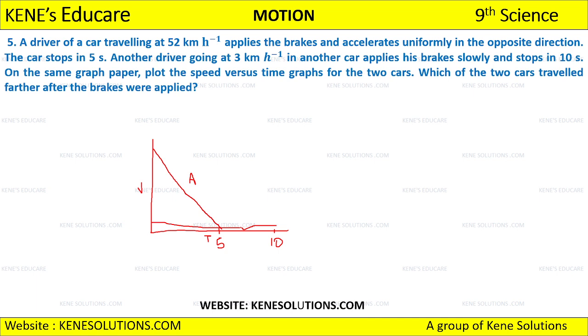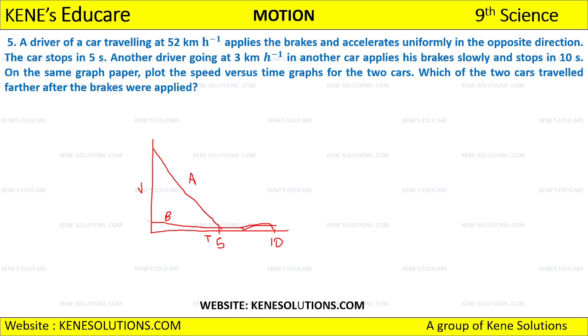Okay. It's going to be touching the 10 part, and it will be from here. So this will be the graph obtained for car B, and for car A it will be like this. So make sure if you're not understanding anything, you're reaching out. Okay.